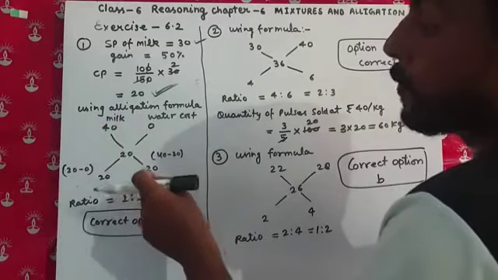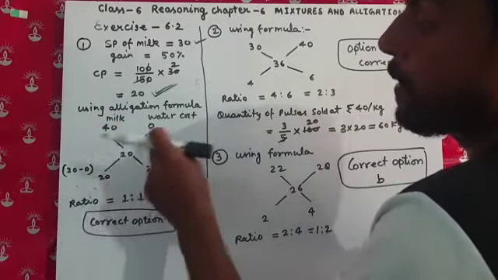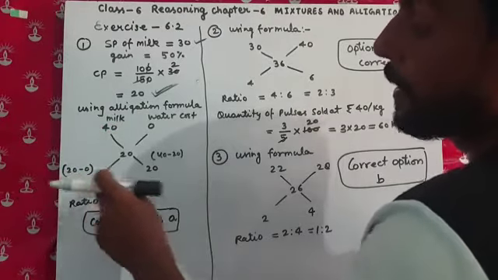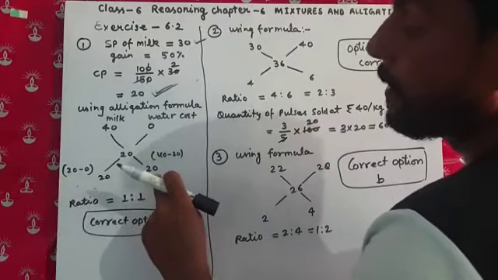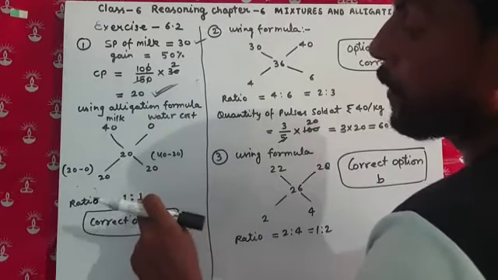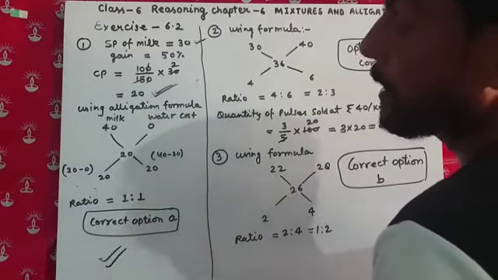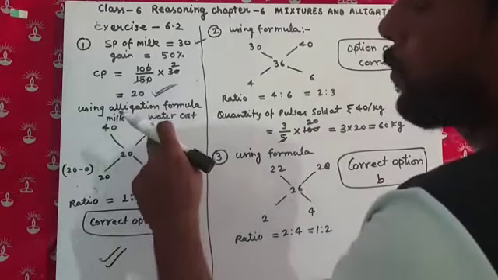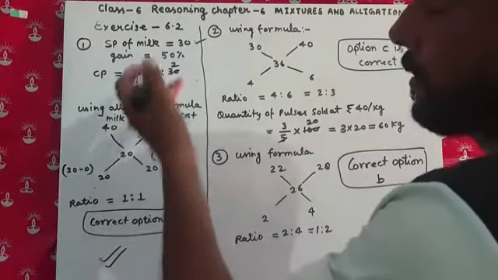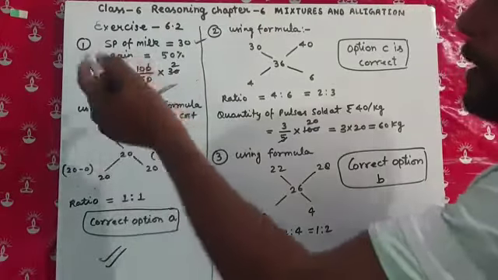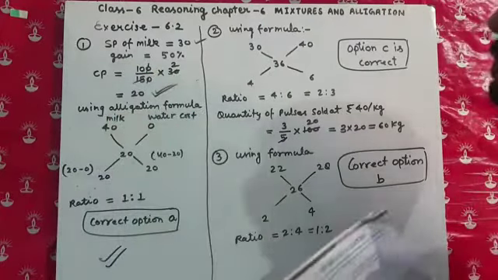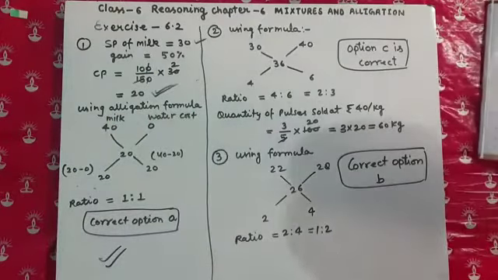So 40 minus 20 becomes 20, and 20 minus 0 becomes 20. So we get 20:20, which means 1:1. So the correct option is A. This is the alligation formula in the cross method. You can also use the written method. Same thing is here.